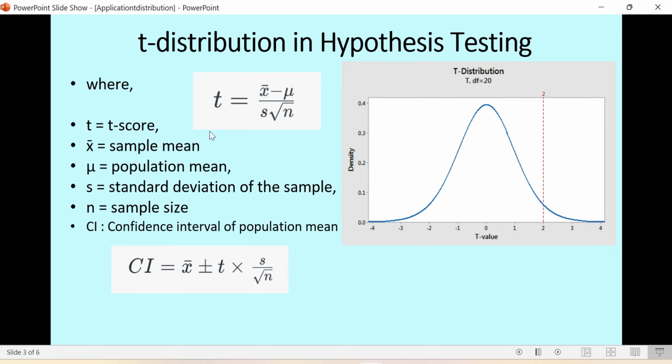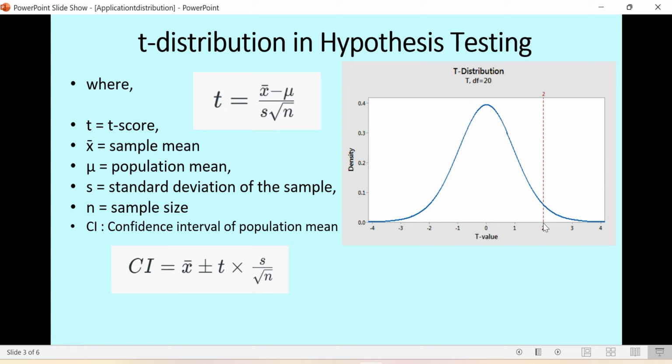This is one way for hypothesis testing. If we get a t-score that is very large, if we look at this figure, usually around 2 is a critical value for t. So if we get a t larger than 2, or very significantly larger than 2, we will usually reject the hypothesis that the population equals this value. Because if the population equals this value, then this statistic will follow the t-distribution with these degrees of freedom.